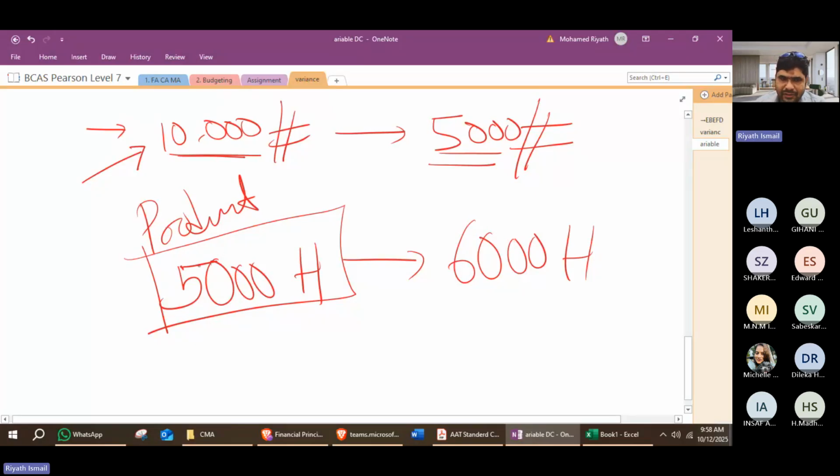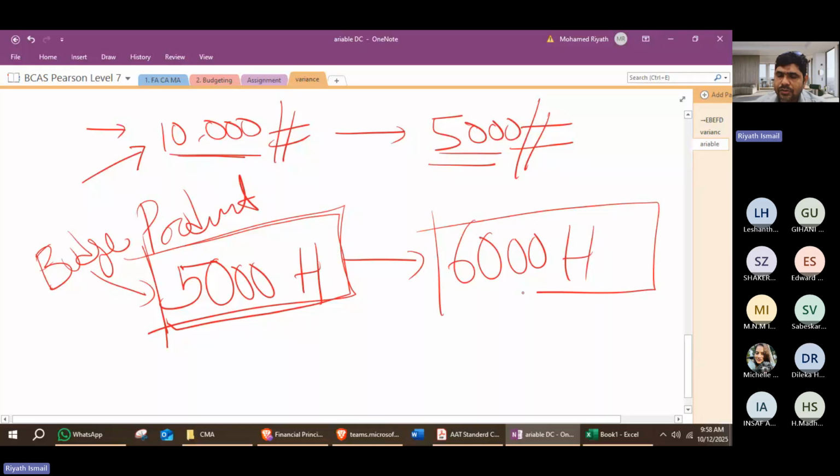When you get the machine rented out, you estimated and budgeted 5,000 hours of work, but actually you used it for 6,000 hours. Is this favorable or adverse? Favorable.